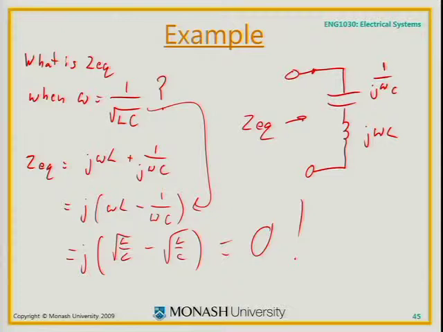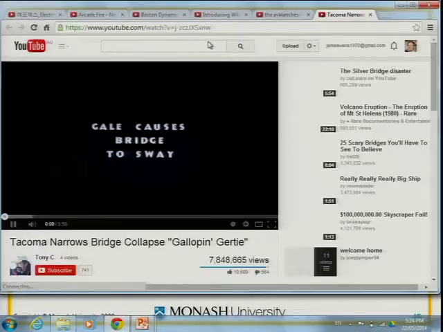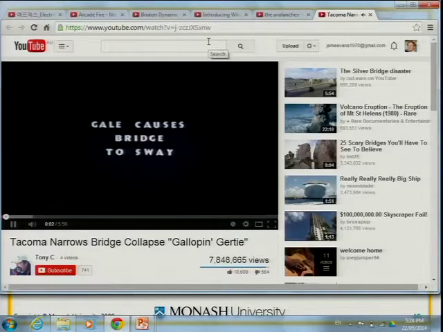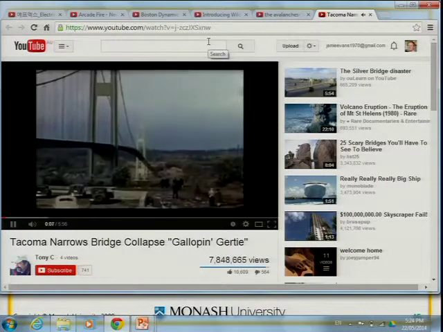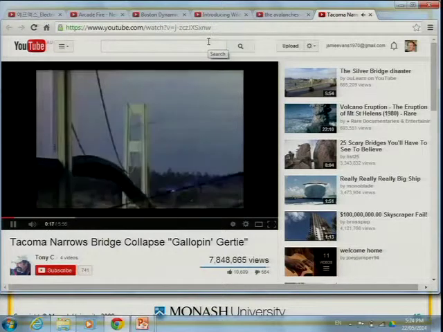I can have those two things there. I put a voltage across it, the current will be infinite. They kind of cancel out. I'll show you something that's similar, but in a mechanical version of this. You've seen this, I assume. There's a bridge resonating.